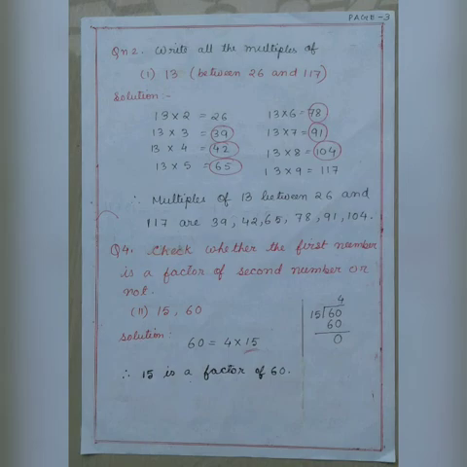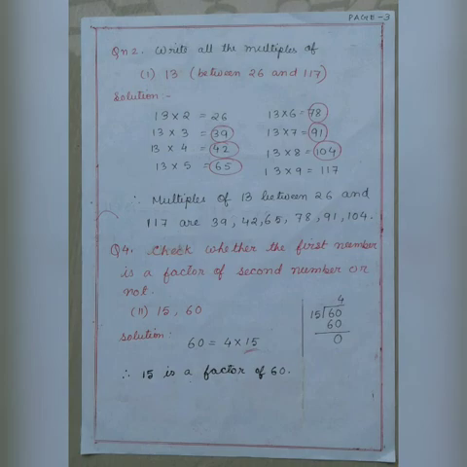I shall write all the multiples of 13 starting from 26 to 117. 13 into 2 is 26. 13 into 3 is 39. 13 into 4 is 52. 13 into 5 is 65. 13 into 6 is 78. 13 into 7 is 91. 13 into 8 is 104. 13 into 9 is 117.